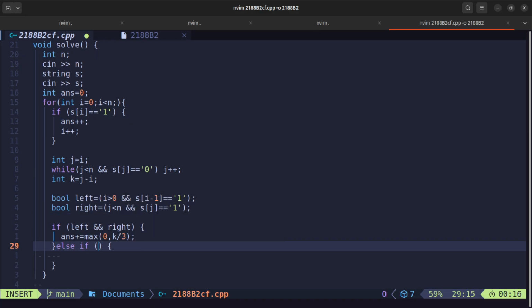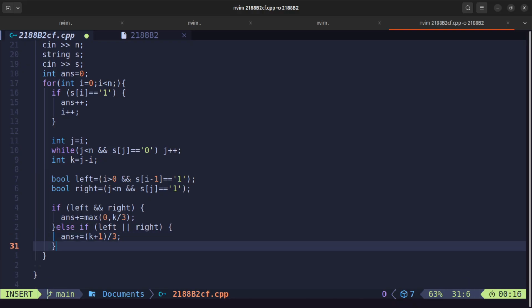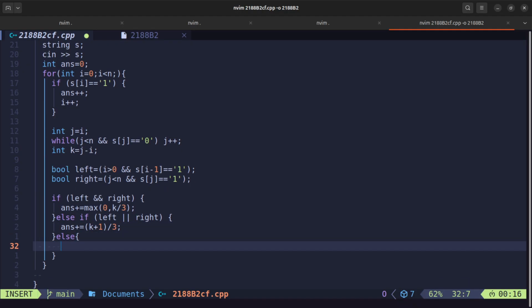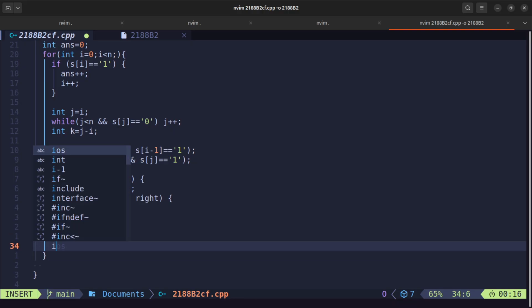Else if left or right, in that case ans would be ans plus (k plus 1) divided by 3. And for the last situation, else ans plus (k plus 2) divided by 3. And i is equal to j.